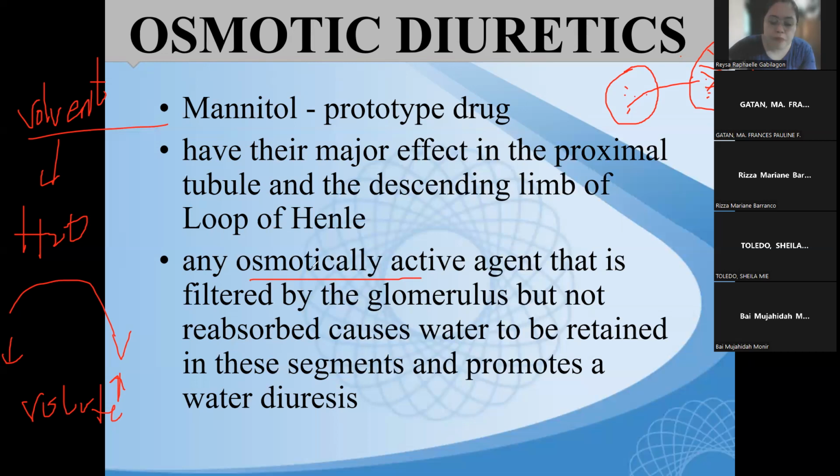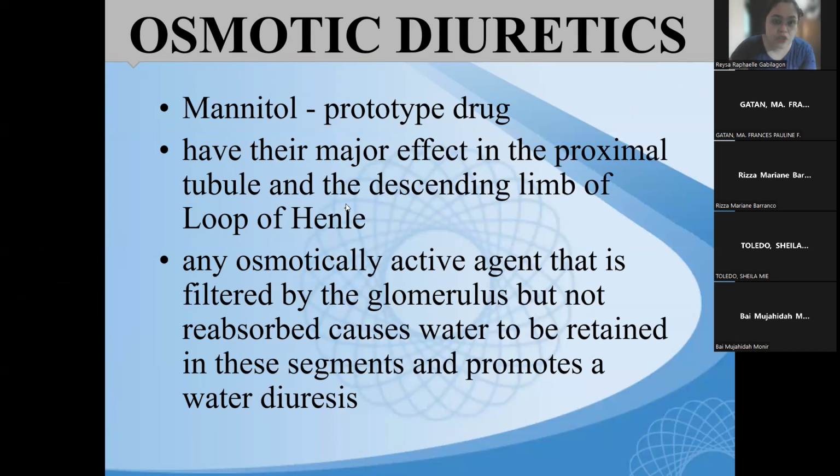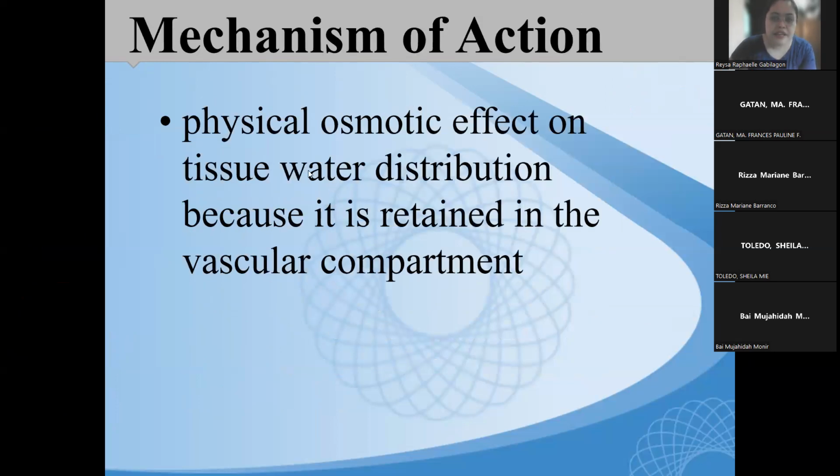So our water from the blood and from other tissues will follow, leading to water diuresis. Water ang mag-move for our mannitol or osmotic diuretics. Again, the mechanism of action involves osmosis, osmotic effect, and that will be on the proximal convoluted tubule and the descending limb of the loop of Henle.